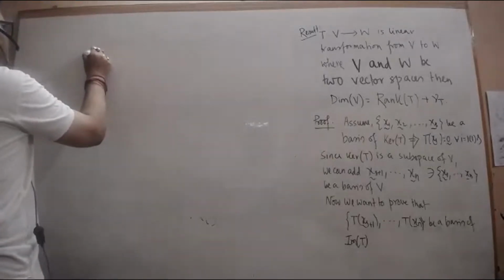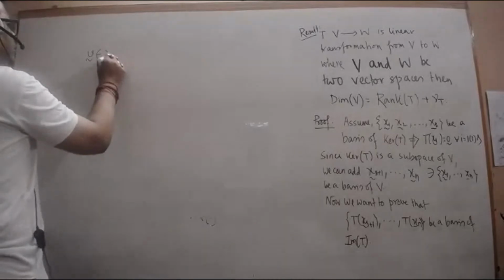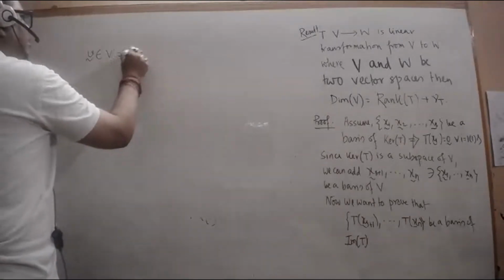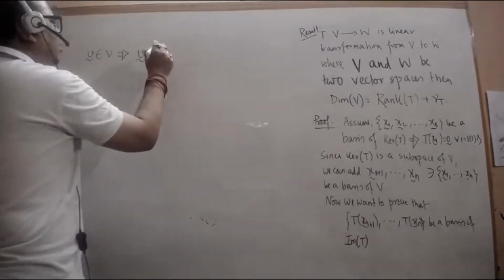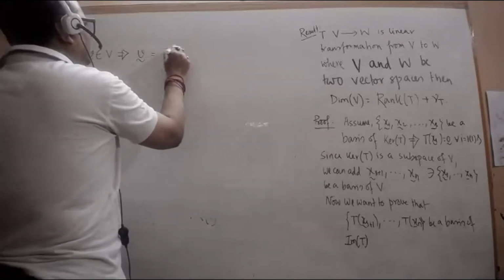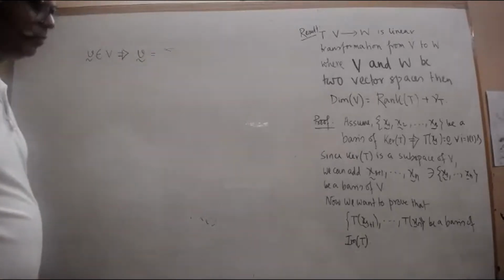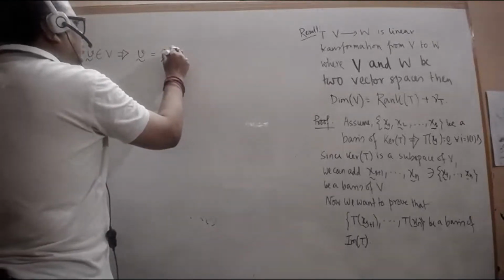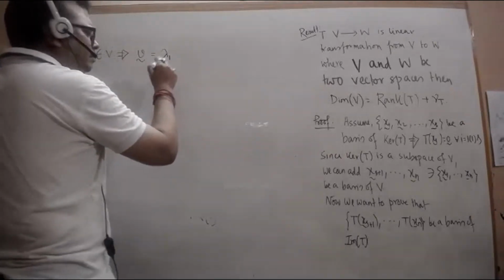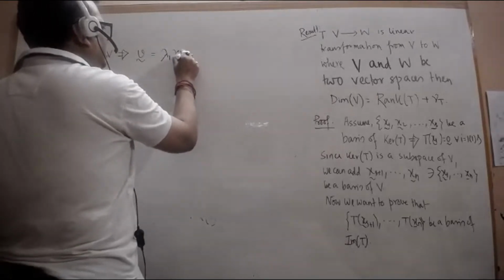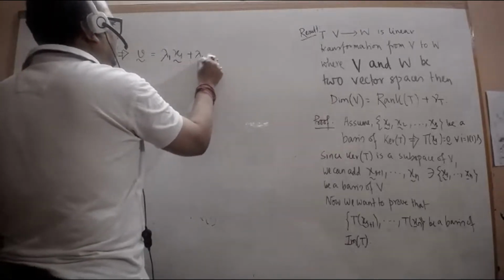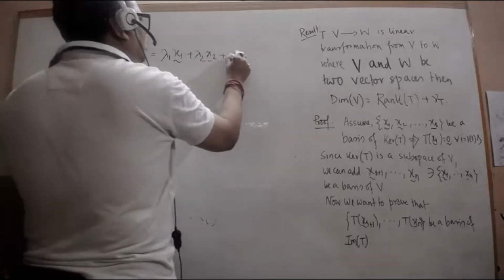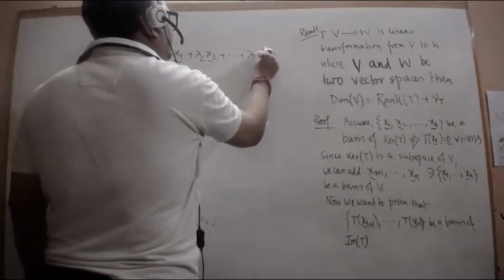Suppose v is a vector belonging to V, then v can be written as a linear combination of the basis of V, that is x1, x2, up to xn.